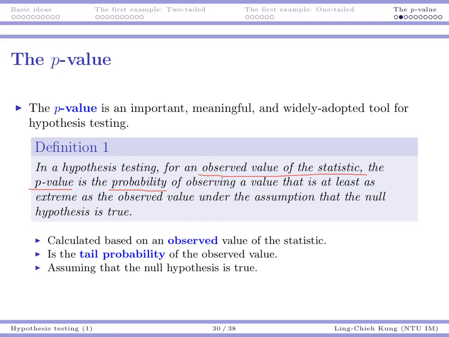We want to ask what's the probability for us to observe something that is at least as extreme as the observed value. So if our observed value is at the left tail, then we ask what's the left tail probability of our observed value. Also, we always assume that the null hypothesis is true.